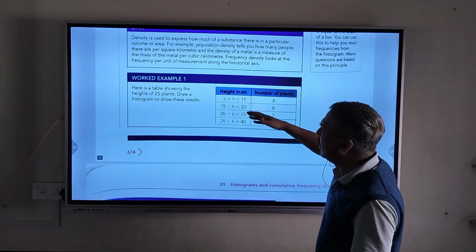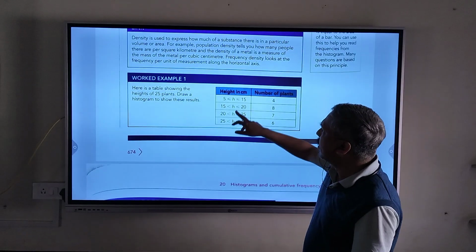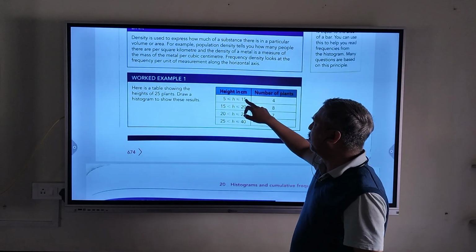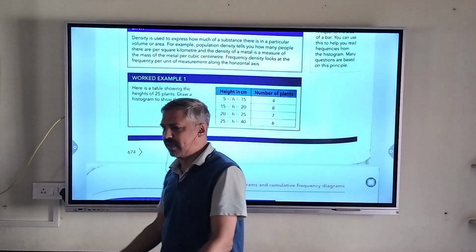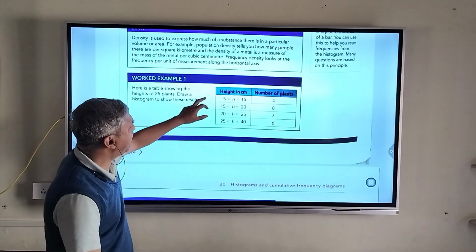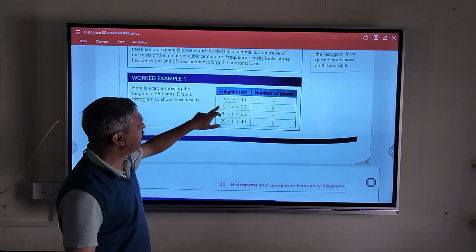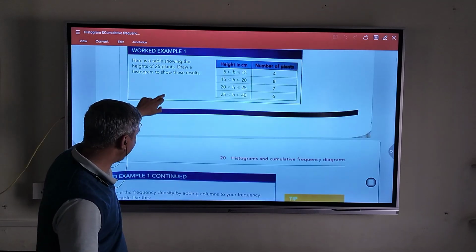Let's take an example here, this one. Let's see the worked example. The classes start from 5 to 15, height in centimeters, and the number of plants. We have certain plants in a nursery and we are checking how many plants have height from 5 to 15, 15 to 20, 20 to 25, 25 to 40 and so on.